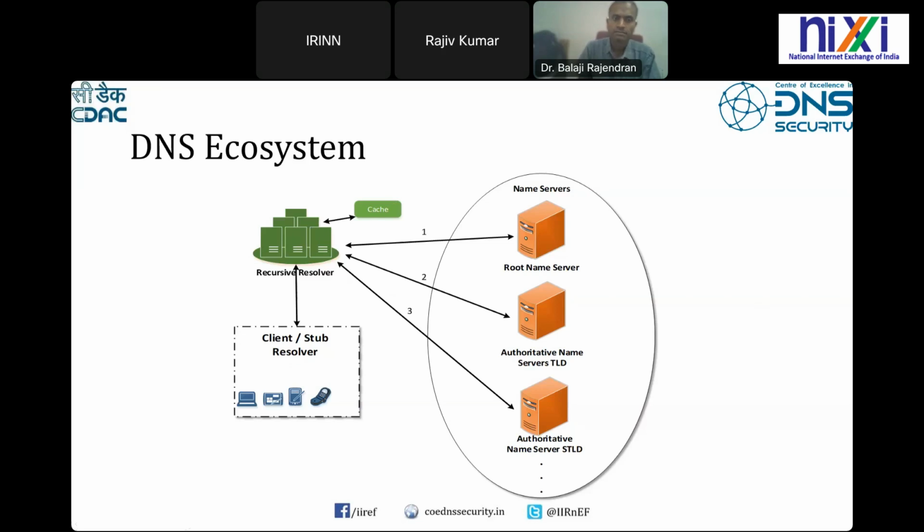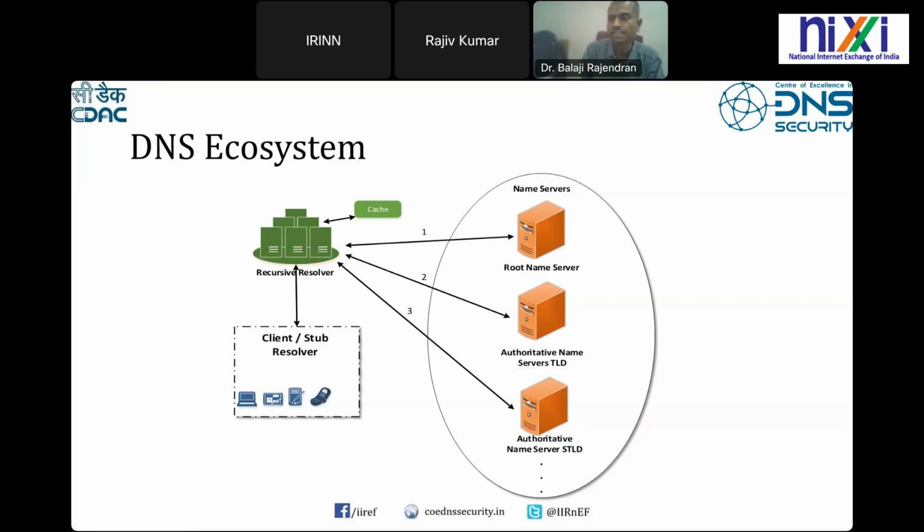The client sends the query request for resolution of a domain name to the recursive resolver, and the recursive resolver will first ask the root name server. Then it will ask the authoritative name server for the TLDs.